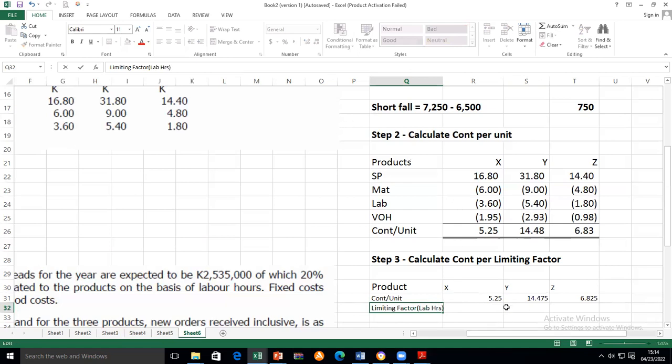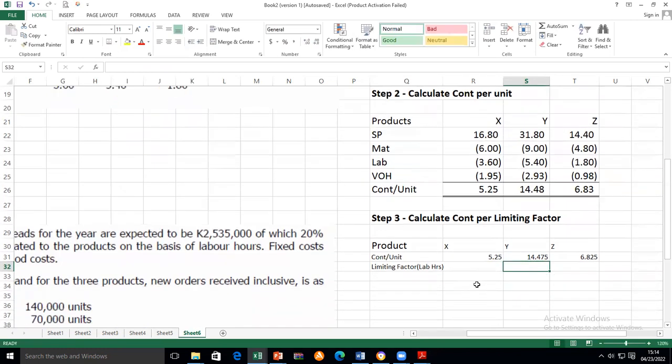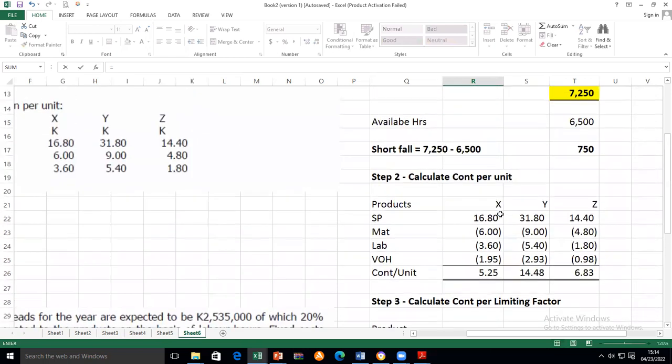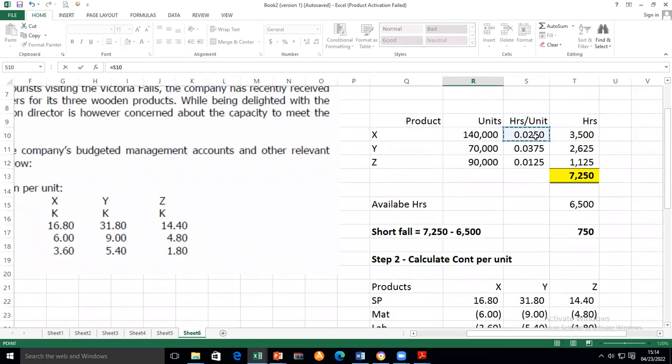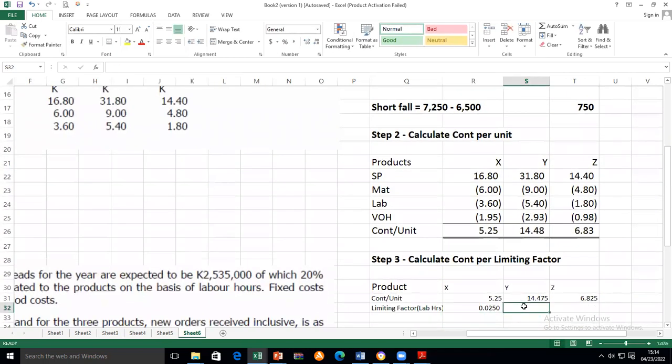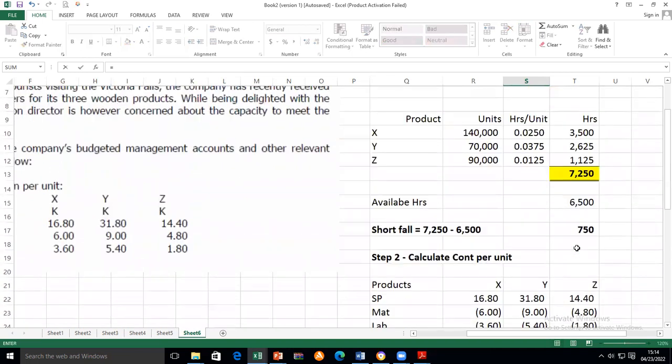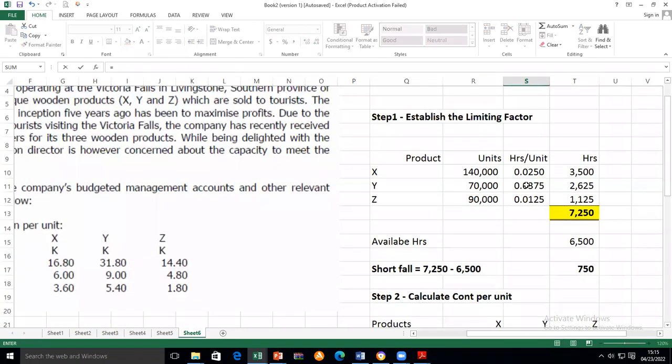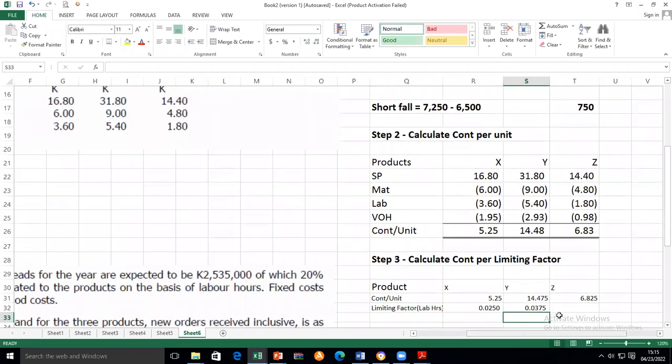So that's our limiting factor here. Now, where are the labor hours? There. Here, where are the labor hours? And here, where is the labor hours?